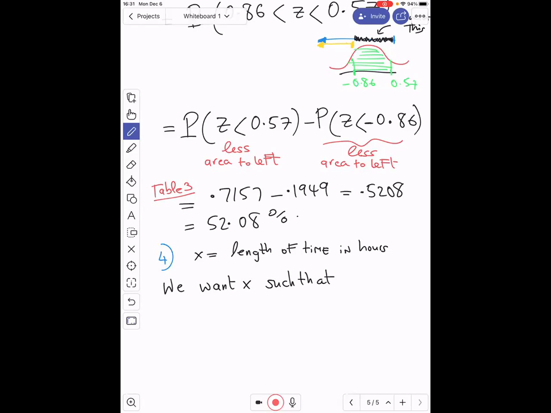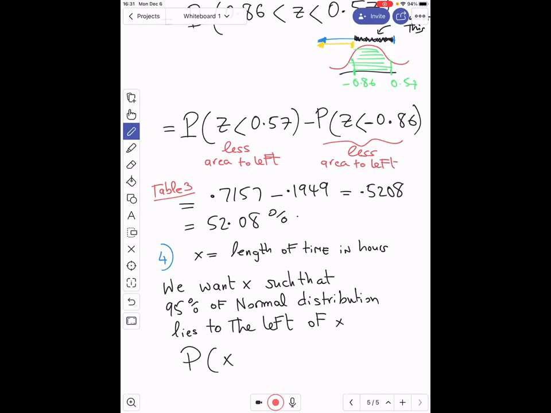So we want x such that 95% of this normal distribution lies to the left of x. In other words, the probability that x is less than some number, this unknown, is equal to 95%.